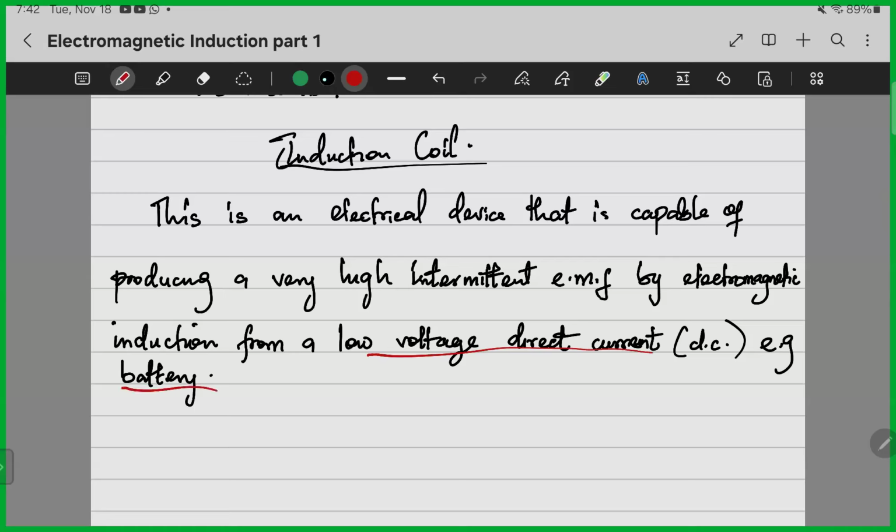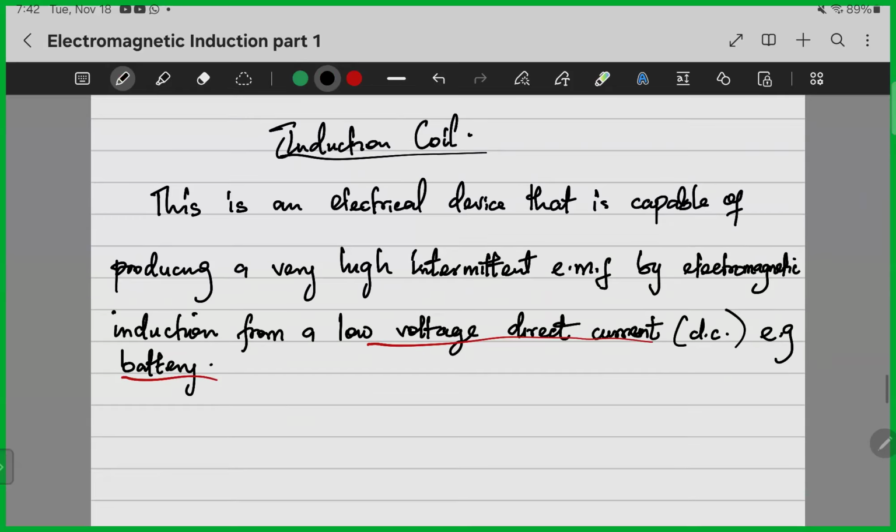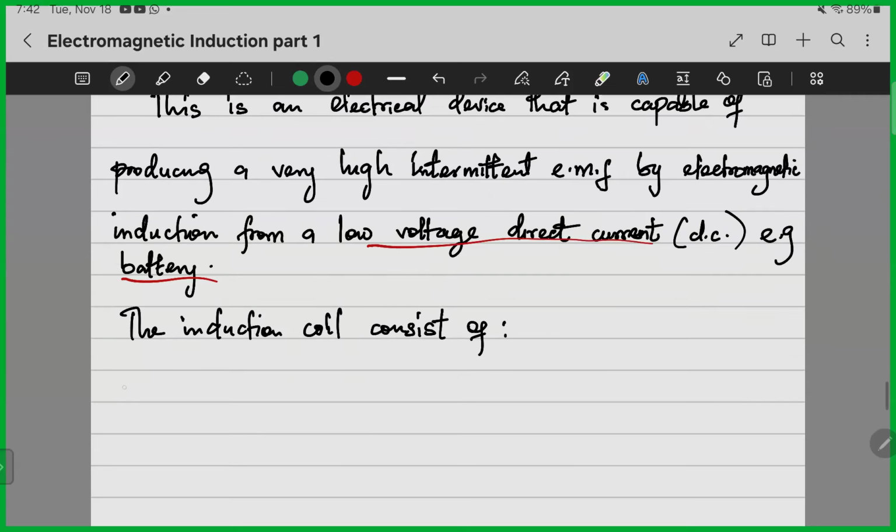So let's go on. So the induction coil consists of a primary coil.